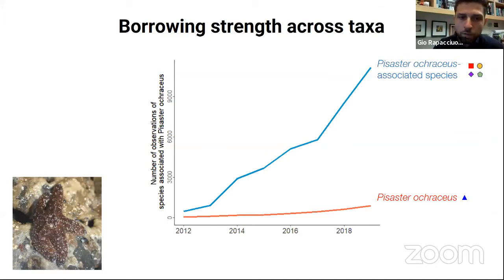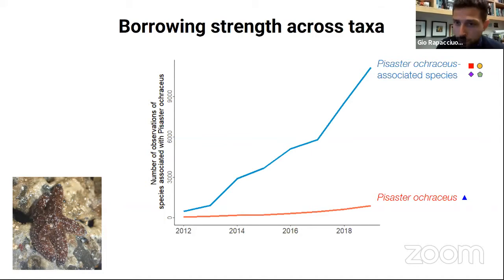So I'll give you an example of it. And here we're getting to some of the main indicators that we derived from our data. If we look at Pisaster ochraceus, a species that we all know very well on the coast, if we look at just the face value iNaturalist data, we see an increasing curve, like, as I was saying, pretty much anything else on the coast.